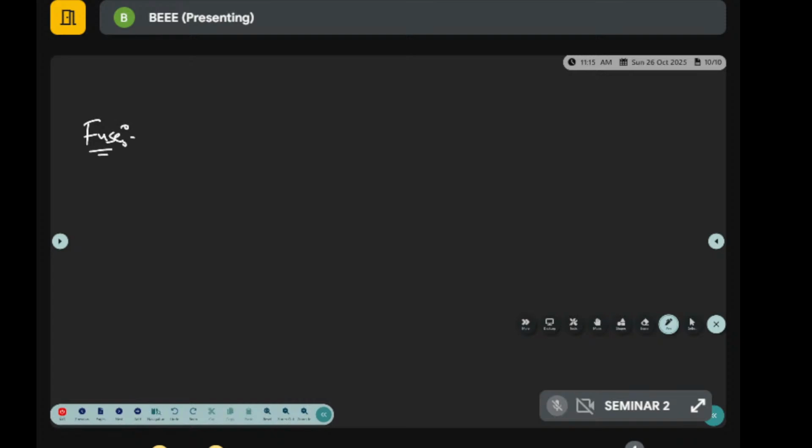One more thing I forgot. How can you reduce the bill? Write down 3 points. How can you reduce the electrical bill? Don't use any electrical equipment? How? Fan is required now, light is required now.